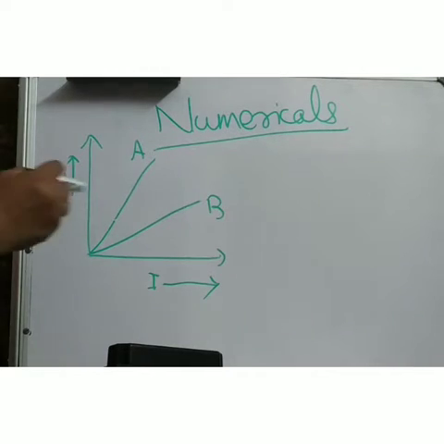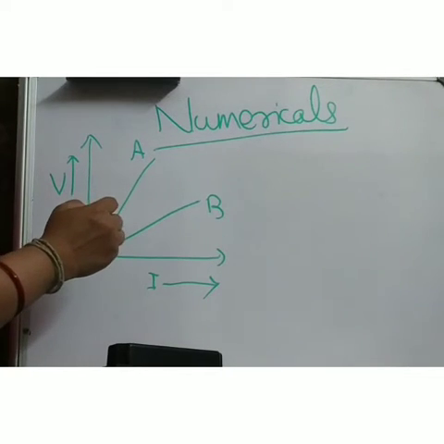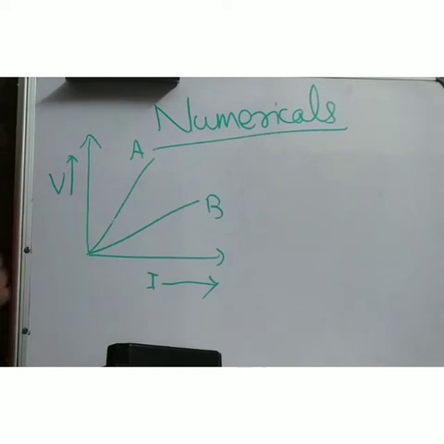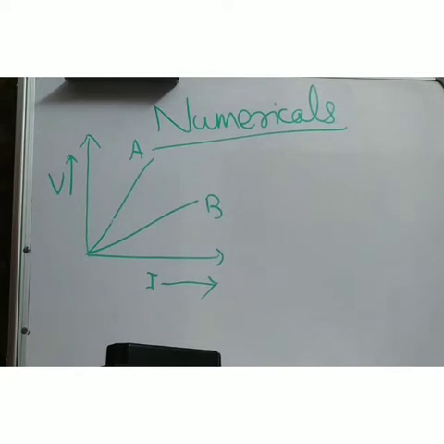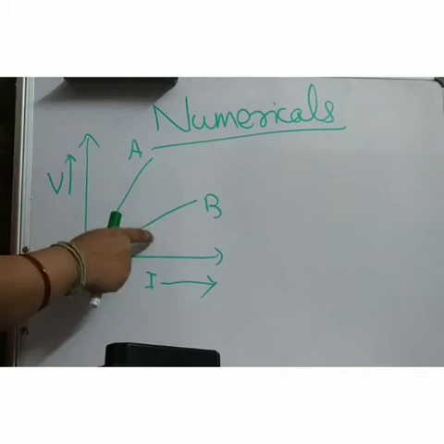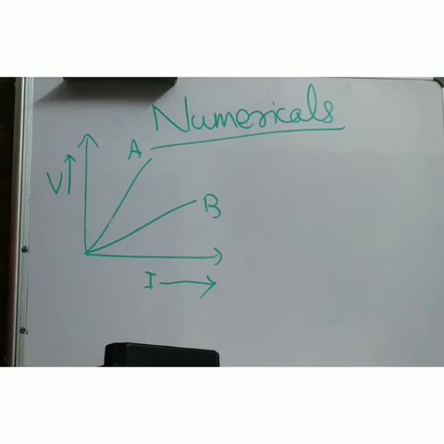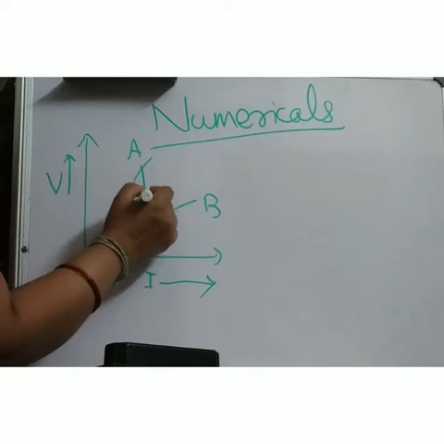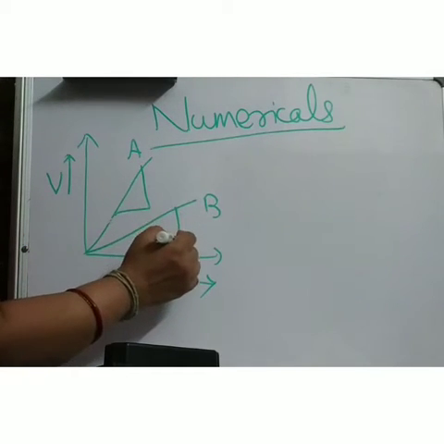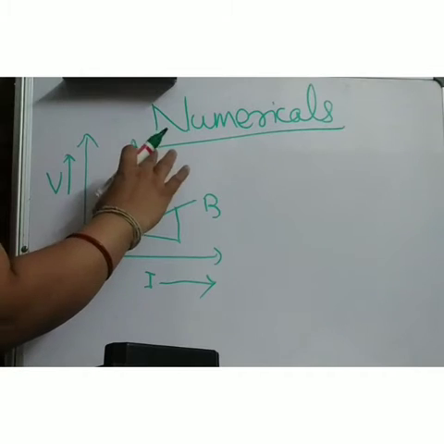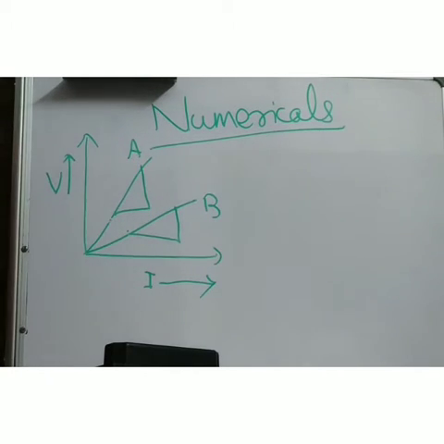So if the slope is more, that means your resistance is more. In which of these two graphs is the slope more? Obviously A has a bigger slope than B.